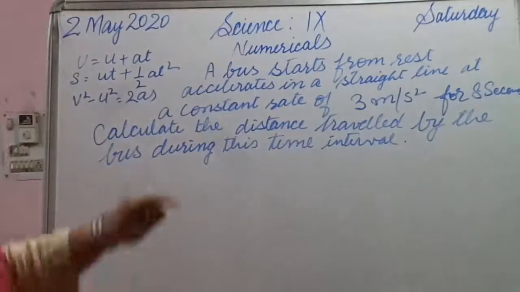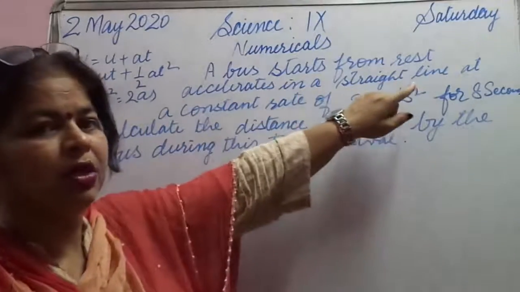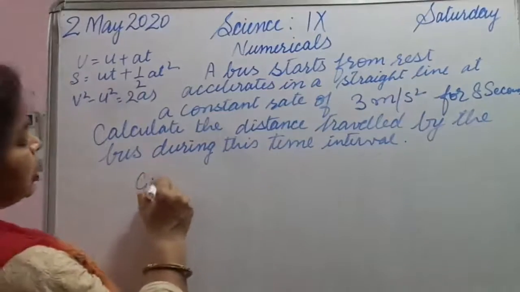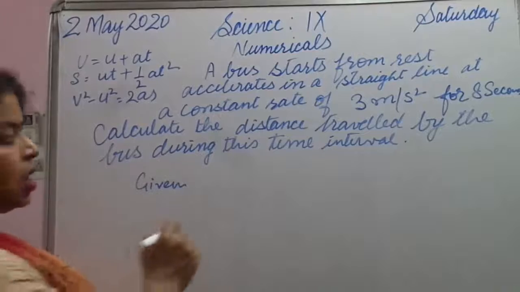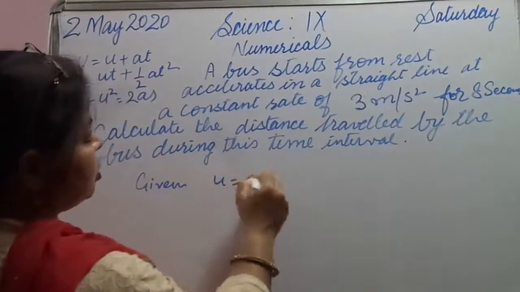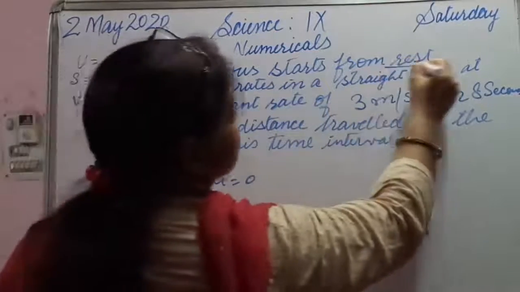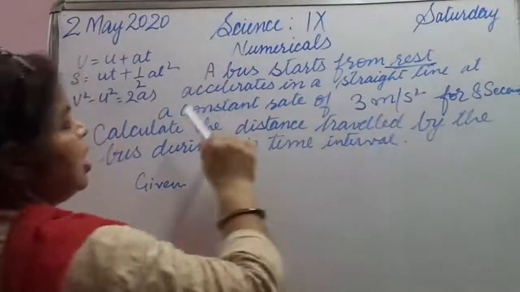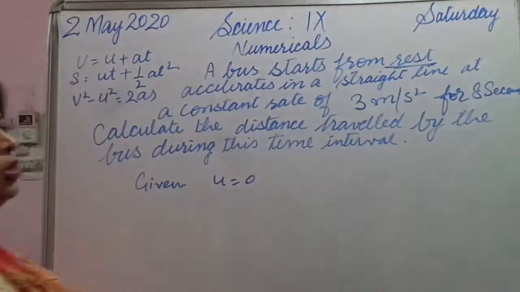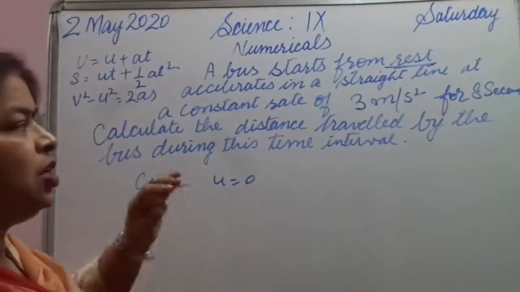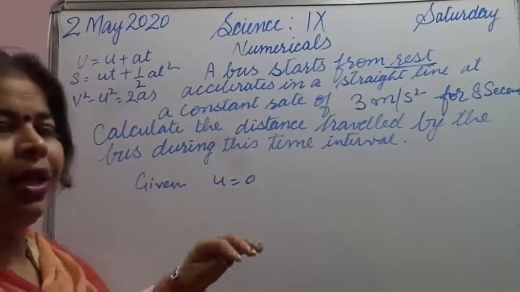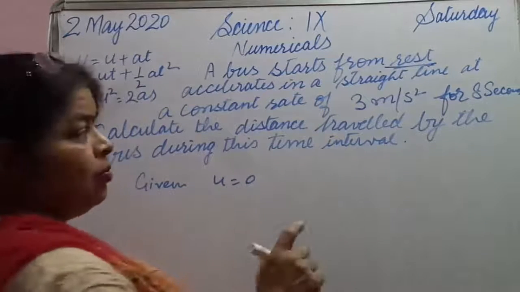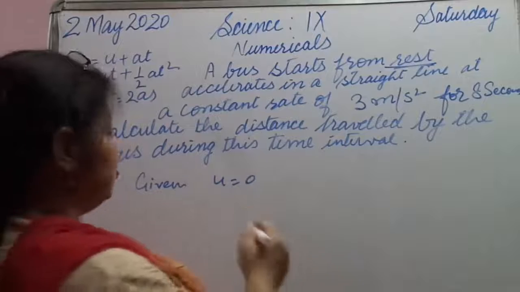Again, let us see. A bus starts from rest. It was initially at rest. So according to the statement we are going to write down the data. Given U is equal to 0 because it was at rest. So this is the keyword. Then accelerates in a straight line at a constant rate of 3 meter per second square. Means initially it was at rest and then it started accelerating, its velocity was increasing as the time was passing.